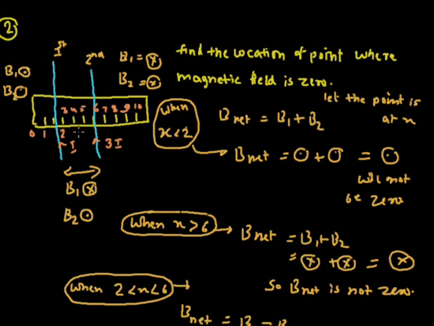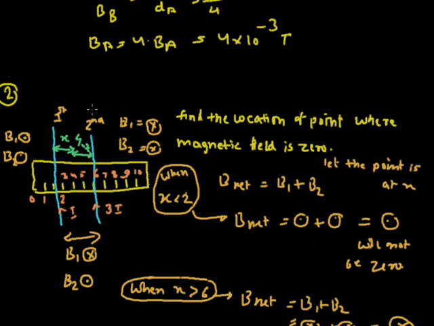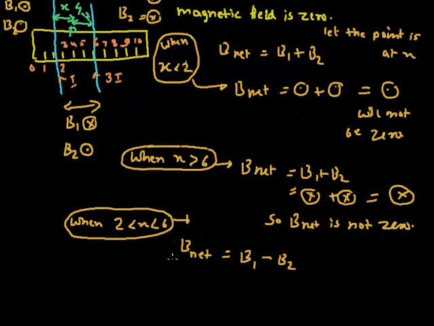Let this point be at this location. So now I consider the distance x from first wire, and the distance from the second wire will be 4 minus x, because the distance between these 2 wires is 4 units. Okay, so now the magnetic field at this point, let this point be P. So at this point P, B1P and B2P, net should be 0.